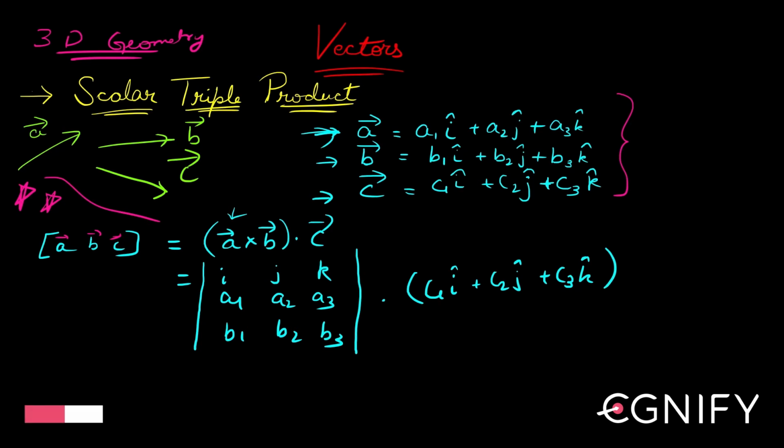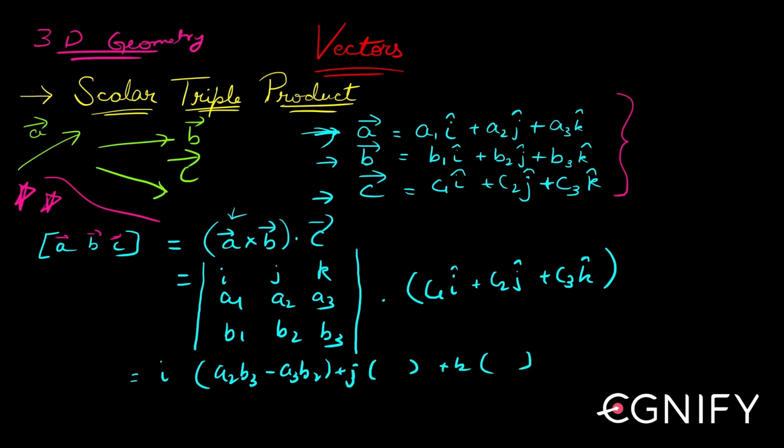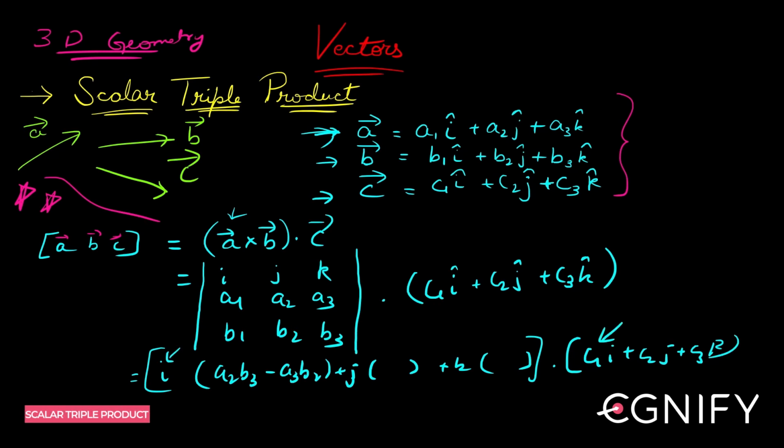Now, as you can see here, when you expand this determinant, it will be some I into A2 B3 minus A3 B2 plus some J into something plus some K into something. When I take the dot product of this with C1, C2, C3, then what will simply happen is this I and this C1 will actually multiply, right?